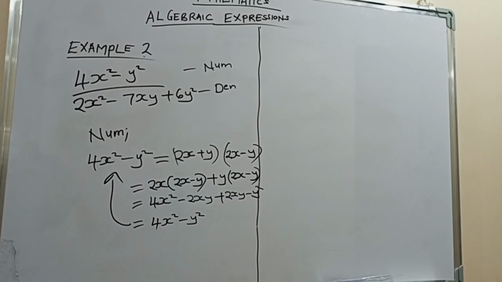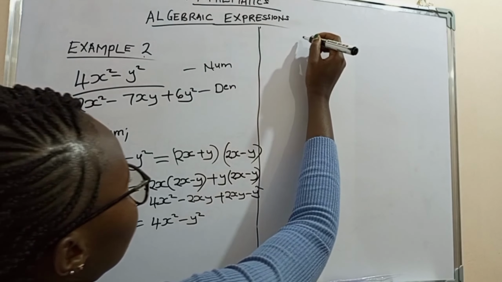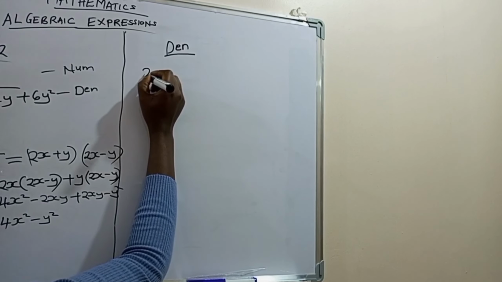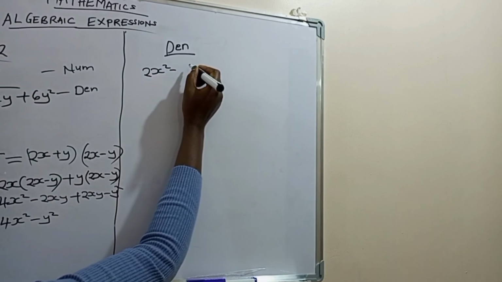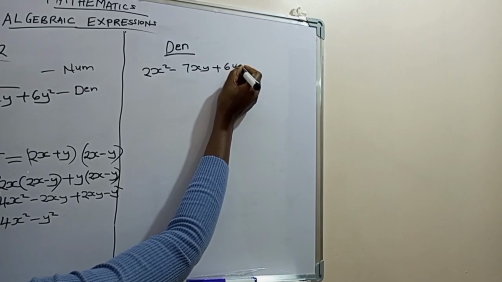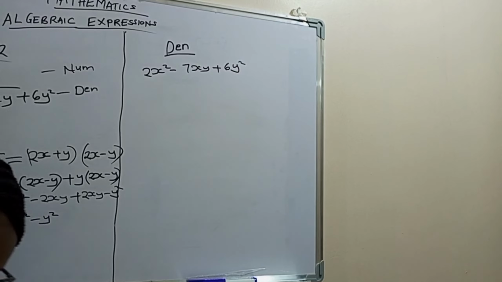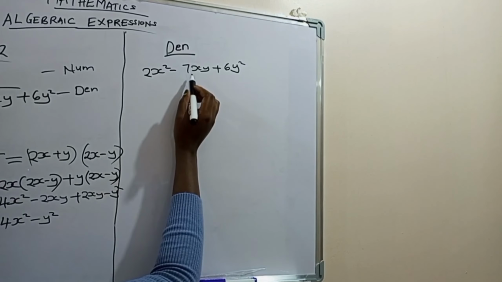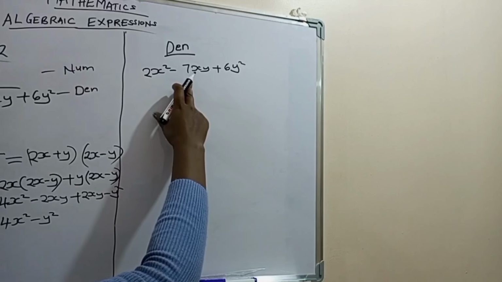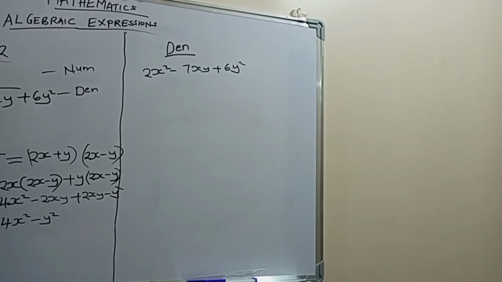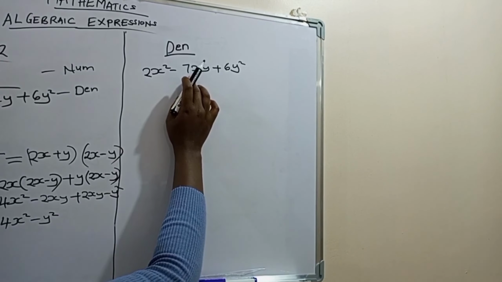So the next step is we find the denominator. We have 2x squared minus 7xy plus 6y squared. So here, first step is to find two factors that when you add the two numbers, they give you a negative 7.